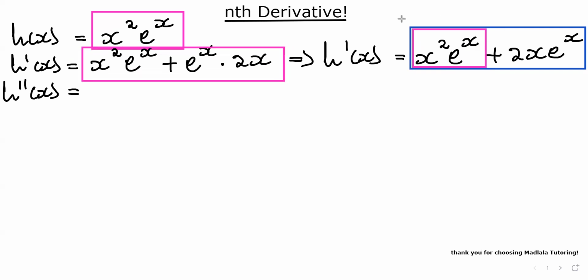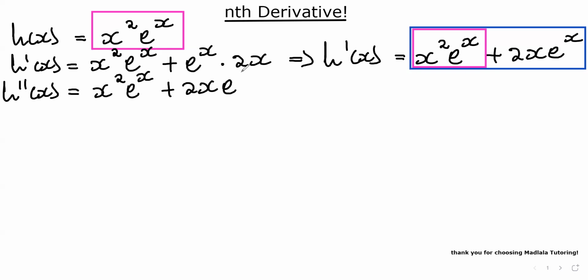In other words, it's just going to be this part itself. So we take it as it is and put it here. So we have x squared e to the x, and then we say plus 2x e to the x.